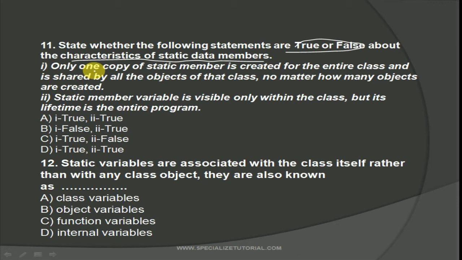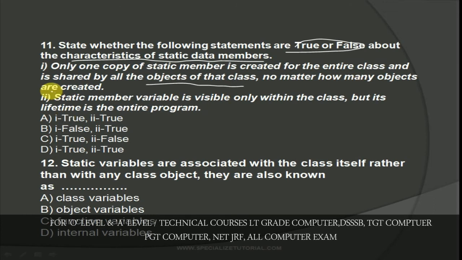The first statement is: only one copy of a static member is created for the entire class and it is shared by all the objects of the class, no matter how many objects are created. Okay, it is a true statement.